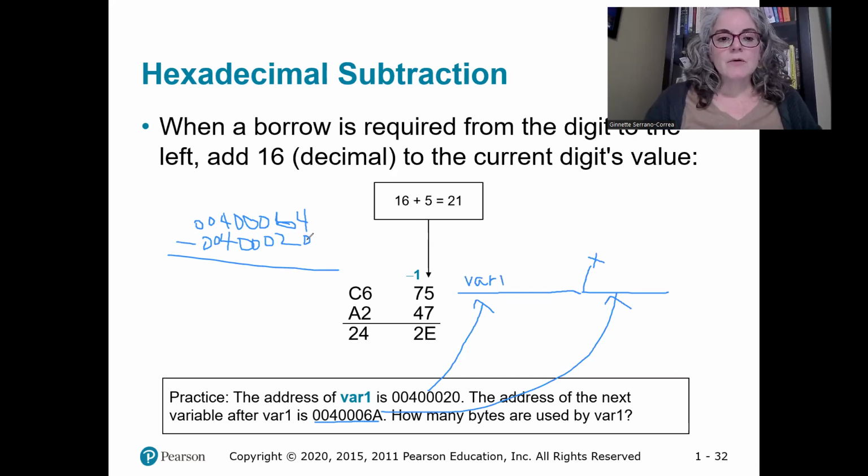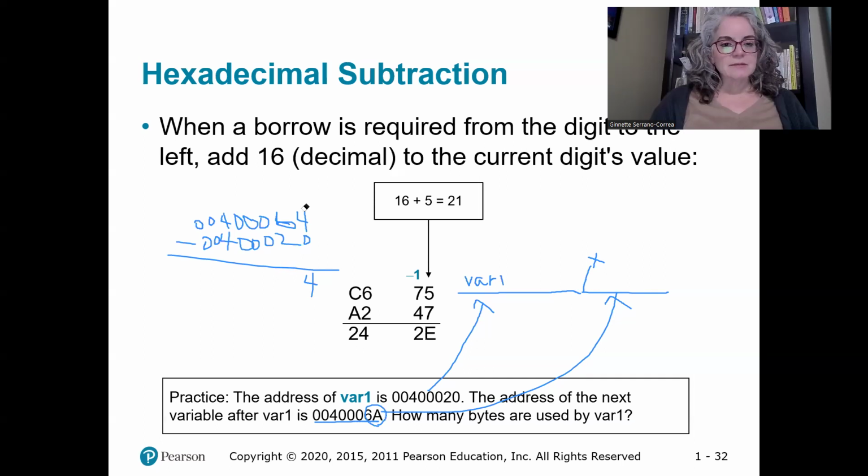And I do 0 taken away from 4 is just 4, right? 4 minus 0 is 4. That's not a problem. So here we have 6 minus 2. Wait, did I miss something? Yes, I did. This is an A here. Sorry.